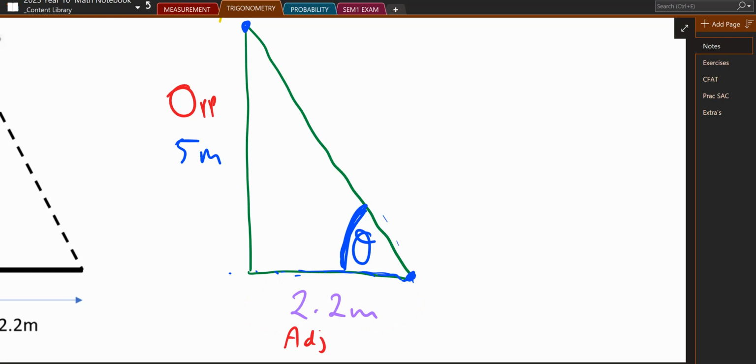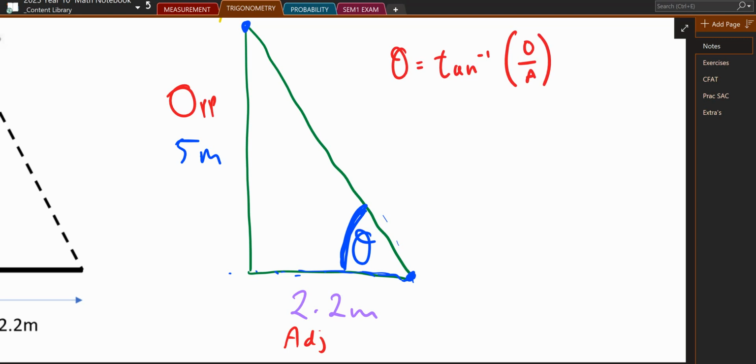Because in this question we're looking for an angle, we have to use inverse trig ratios. So think back to what ratio has adjacent and opposite. It would be the tan ratio. So the angle is equal to tan inverse of opposite over adjacent.